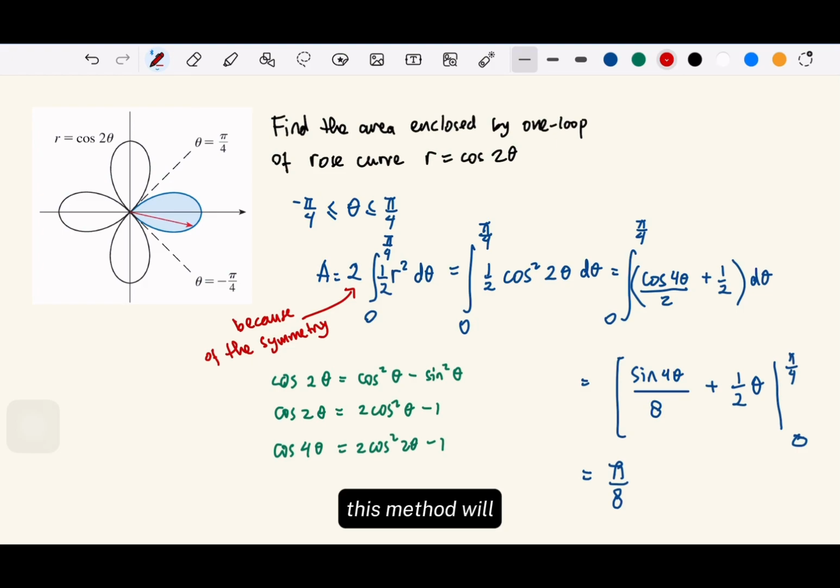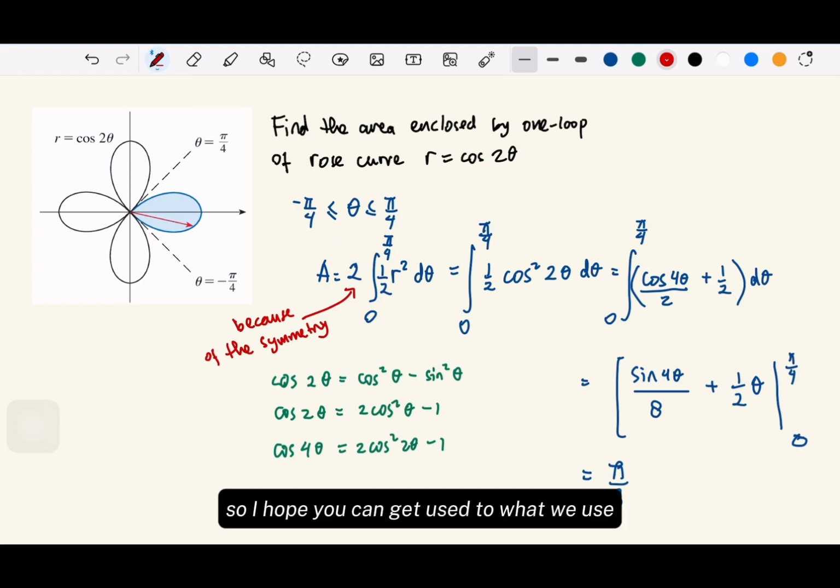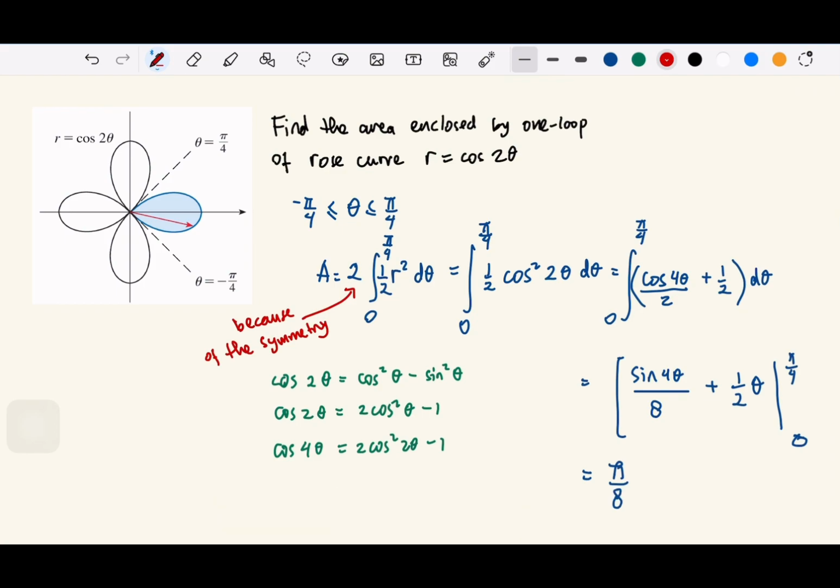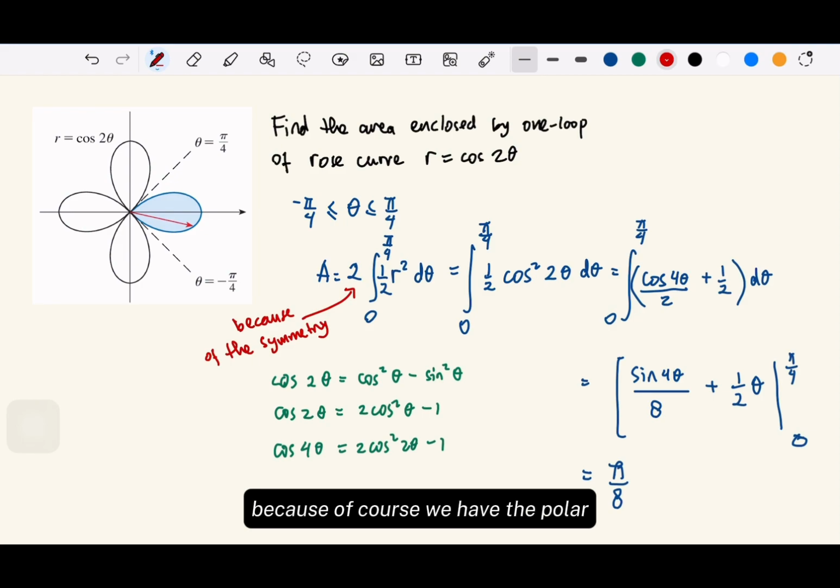This method, I think you will see a lot. I hope you get used to using the double angle, because of course we have the polar, and the best way to describe polar is using the trigonometric, right?